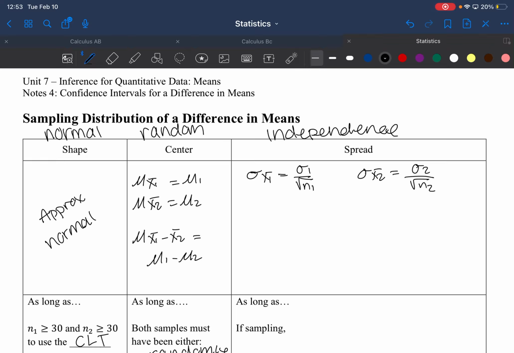Instead of subtracting the standard deviations, we're going to add them. Okay, so that means sigma of x1 bar minus x2 bar is the same as taking the square root of sigma 1 squared divided by n1 plus sigma 2 squared divided by n2. We always add our standard deviations together.